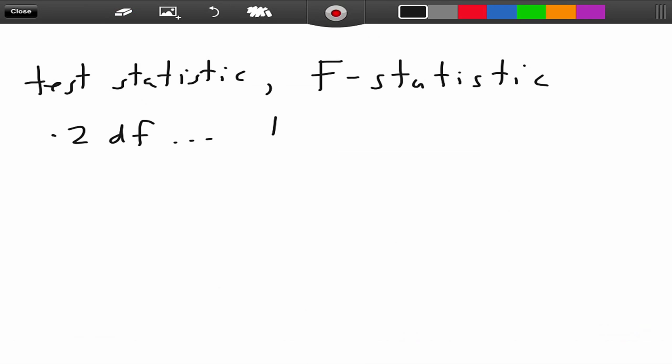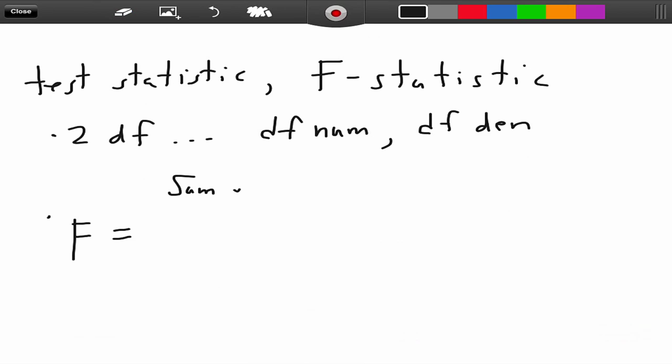We'll call one degrees of freedom for the numerator, and another degrees of freedom for the denominator. It turns out that the F statistic is found by taking the sum of squares for, let's just call it, the between.